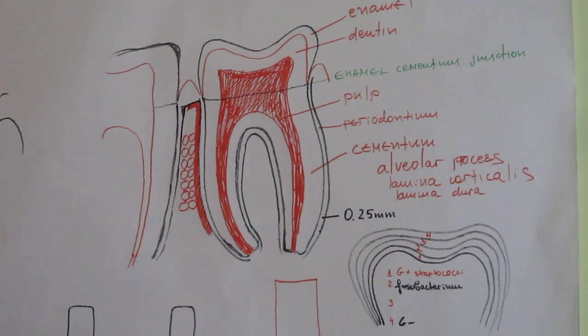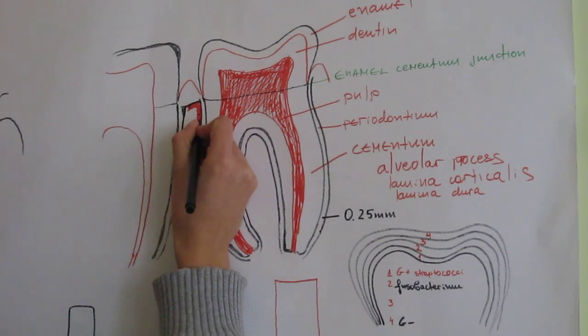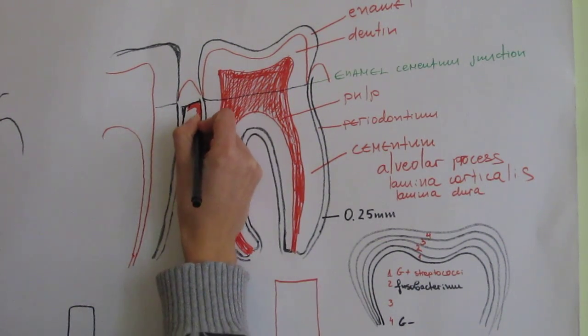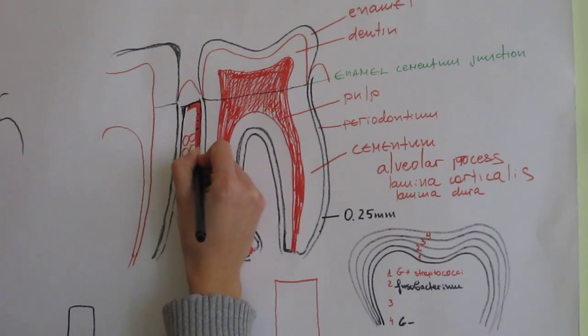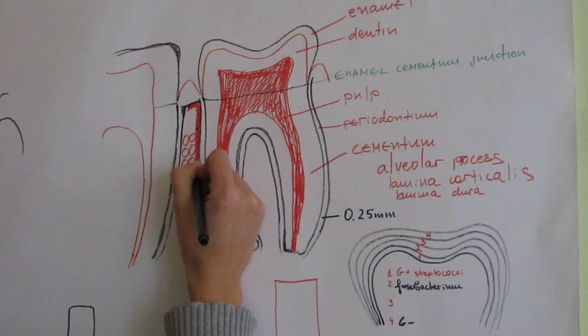So in this lamina corticalis there are millions of small canals situated here.